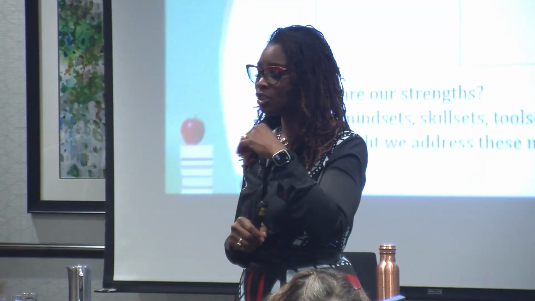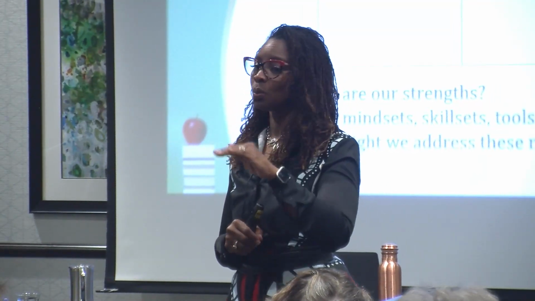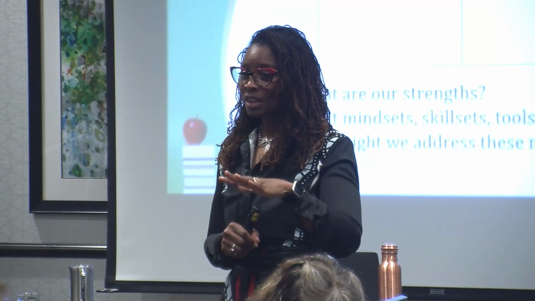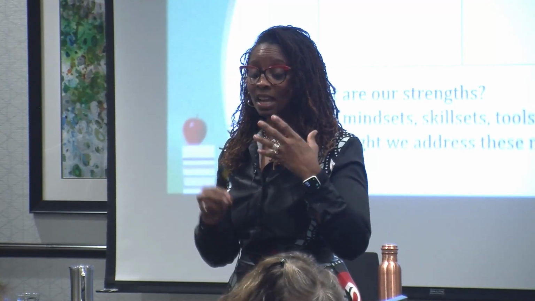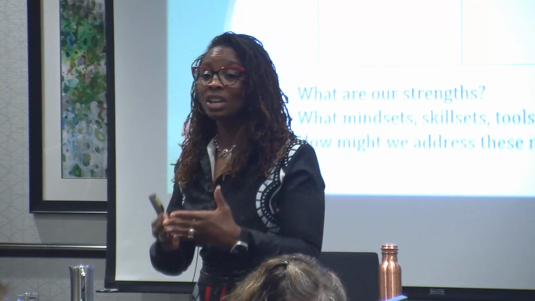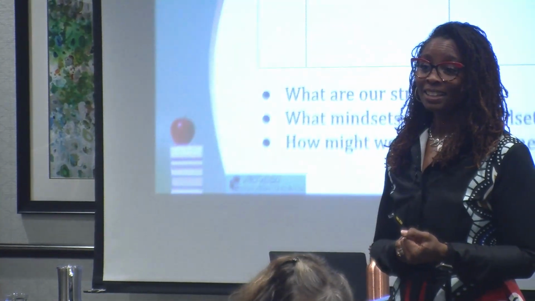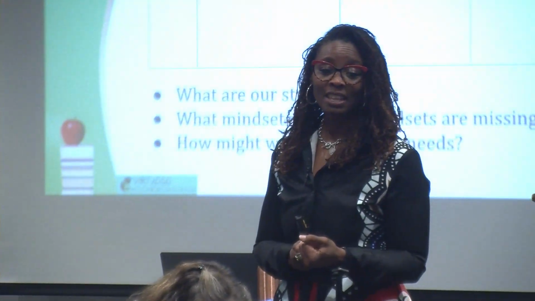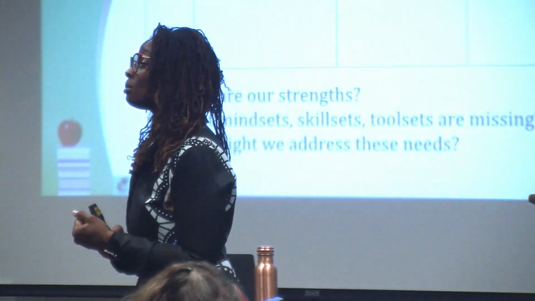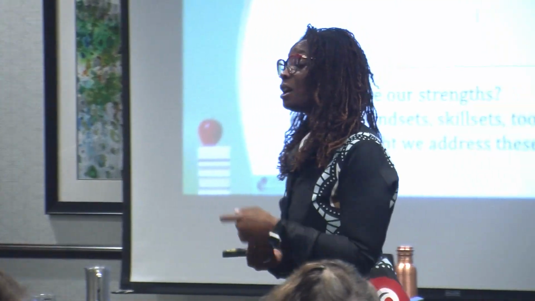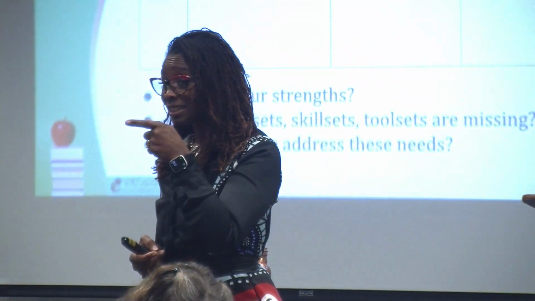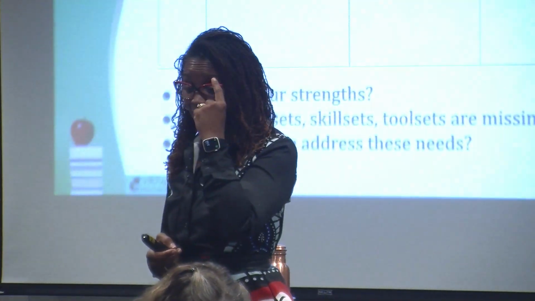Because as educators, we want to do well. If I don't have the skill set, I am anxious. I show you that. That is the indicator that I'm missing some skill sets. And you might not know what they are, but tap into that to know that that's what it is.